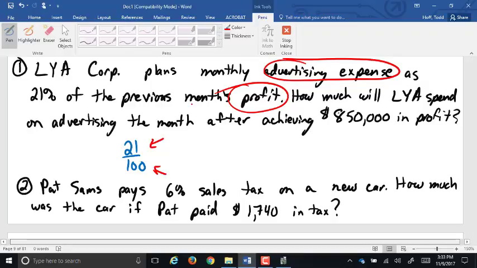Is the profit a portion of the advertising expense, or is the advertising expense a portion of the profit? Yes, the advertising expense is a portion of the profit. So the profit is the whole thing, and the advertising expense is the portion, the piece out of it.